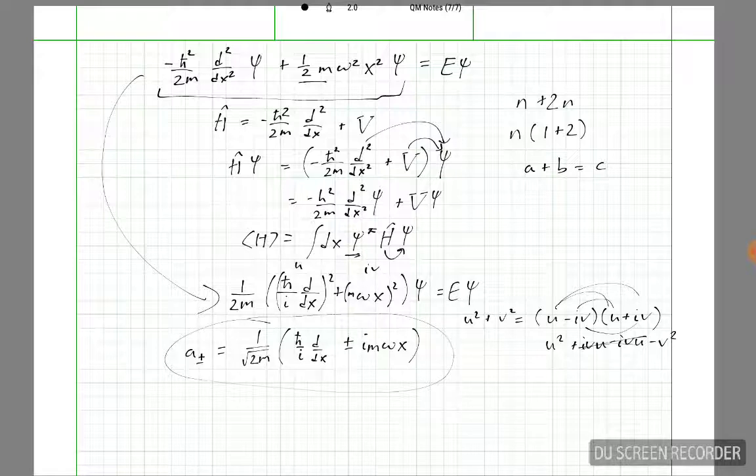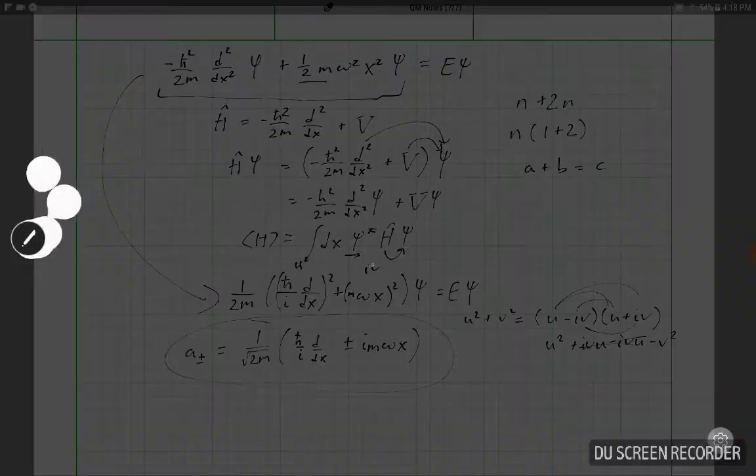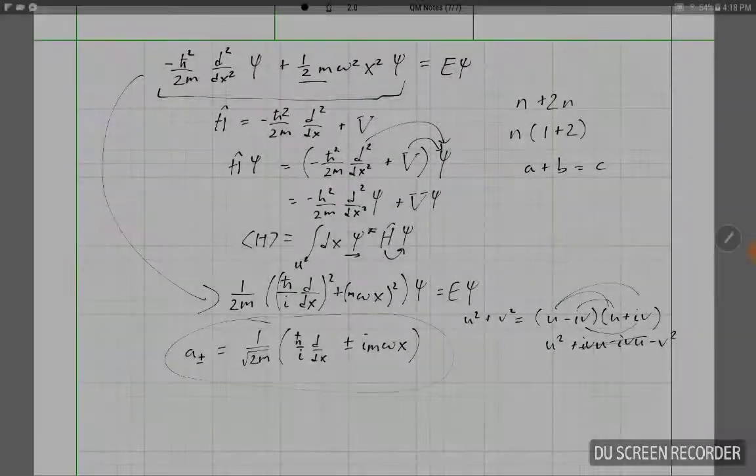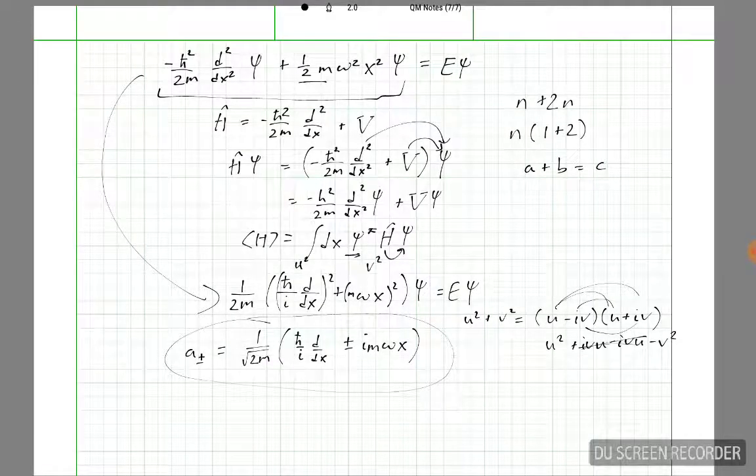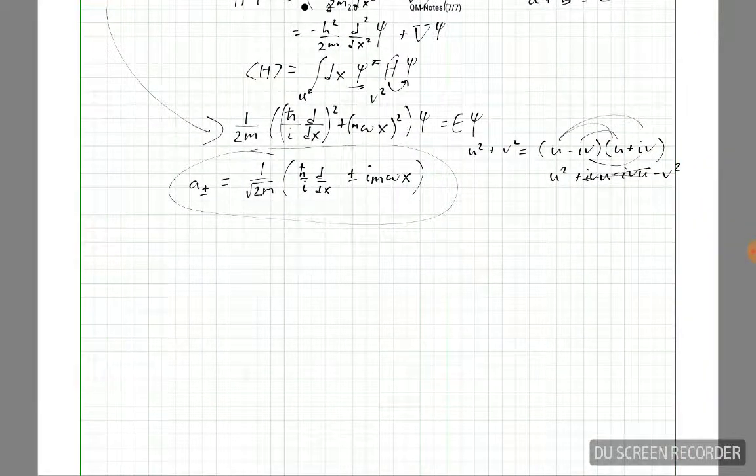So here, I guess I should write that as u squared, and then this would be something like v squared. So I just want to write it in that format. However, you may notice that this is not going to work out as nicely as that guy. So let's take a look at what happens if we do this.